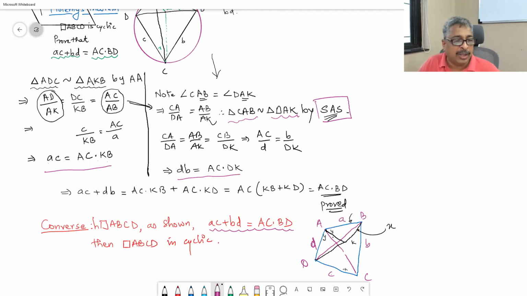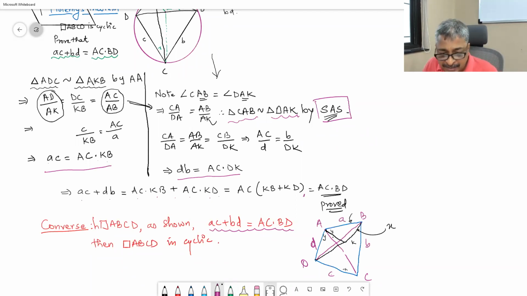Now let us do the calculations. Calculations are also going to be similar. AC plus DB is equal to AC into KB plus AC into KD. So up to this point it is same. We can club them. So up to this point it is same.